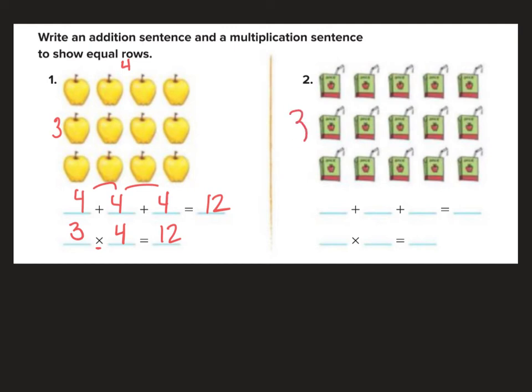Here I have 3 rows and 1, 2, 3, 4, 5 in each row. So I can do 5 plus 5 plus 5. 5, 10, 15, which is 15. Or I could say 3 times 5 is 15.